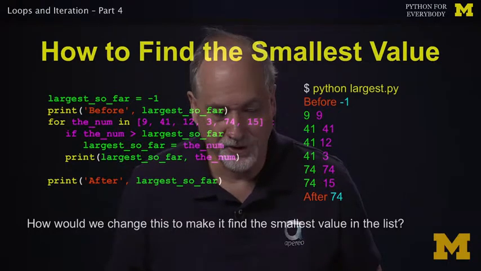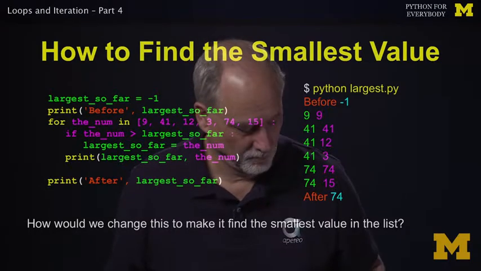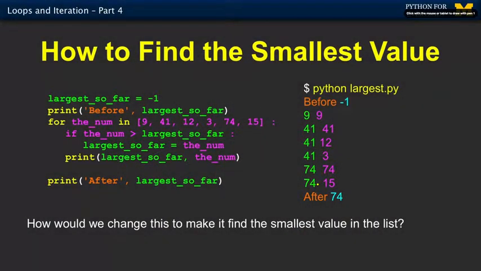Well, there's at least a couple of things you would change, right? So the first thing you would do is change this from a greater than sign to a less than sign, and change the word largest to smallest.